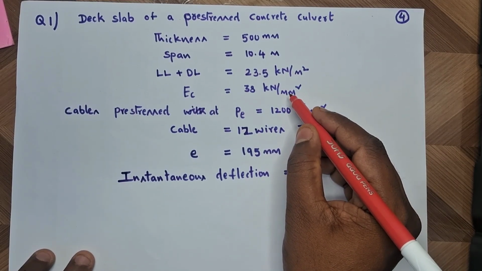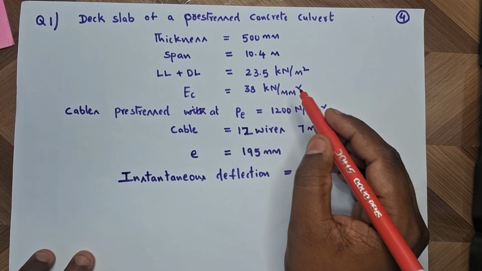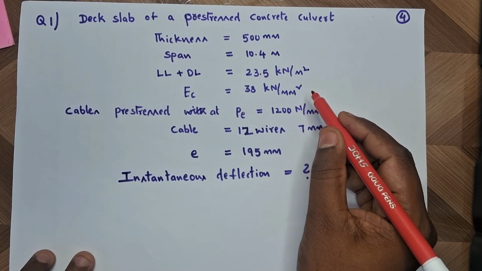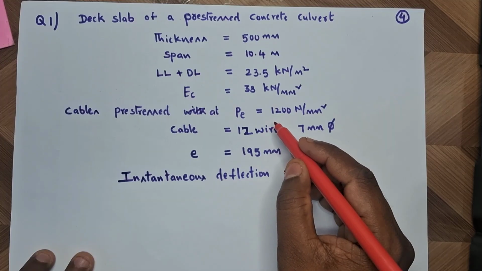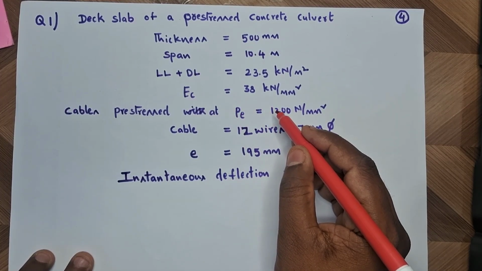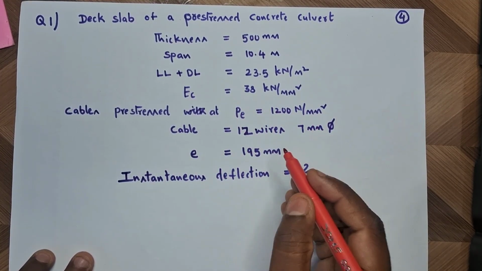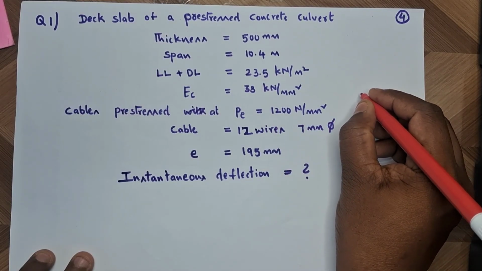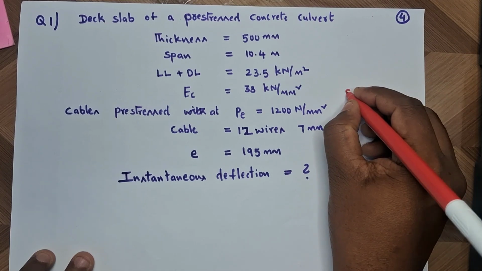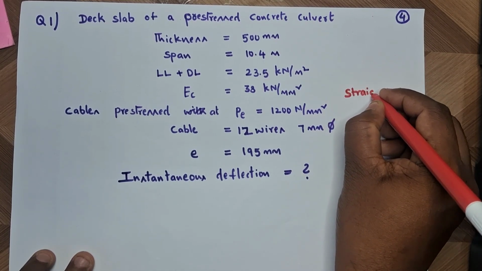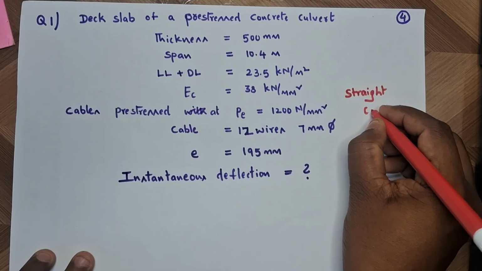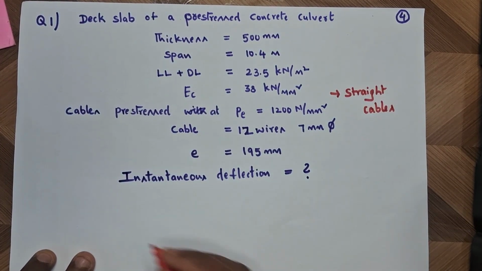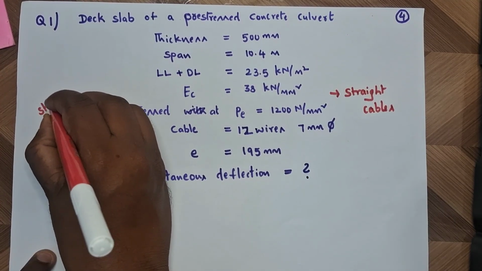And the modulus of elasticity of concrete is given as 38 kN per mm square, and this slab is prestressed with straight cables. It's very important. Prestressed with straight cables.